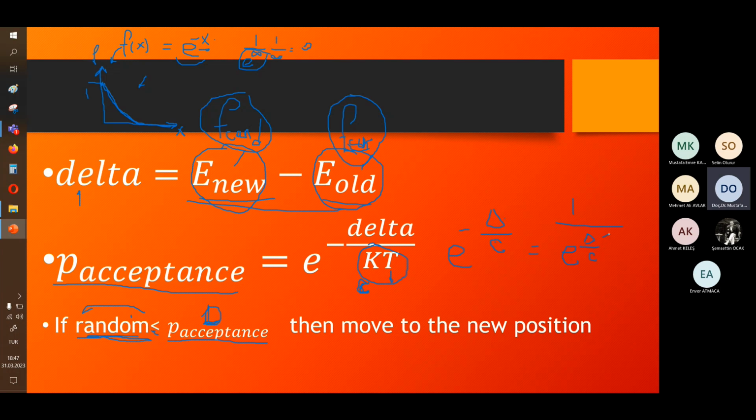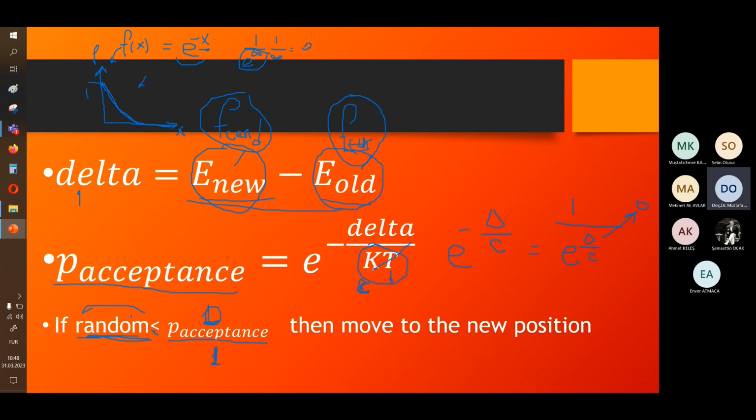Now, if delta is very small, almost zero, in this case it will be 0 divided by a constant number, which is 0. E power 0 will be 1. 1 divided by 1 is 1. Therefore, the acceptance threshold will be 1.